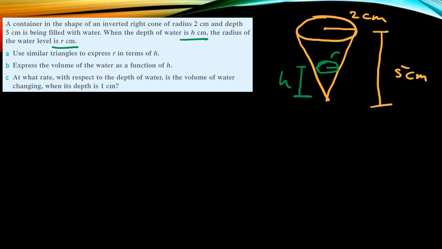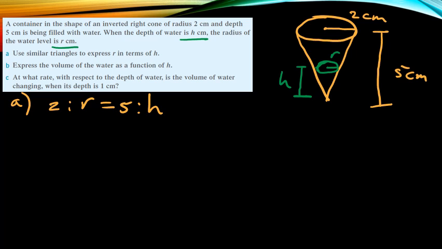Now, if I match the ratios of the cones and they're similar, what would I match with what? 2 with the r. Yep, sounds good. 5 with the h. Now the general rule of thumb, if you're not entirely sure about similar triangles, is match it so that you have matching sides. If you're doing a longer side, match it with the longer side on the other one. If you're doing the shorter side, match it with the shorter side.